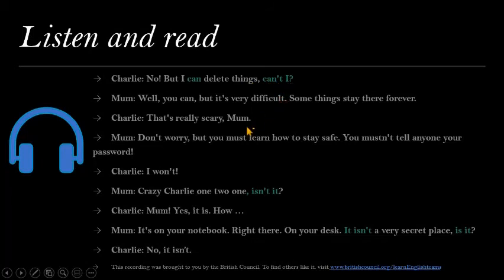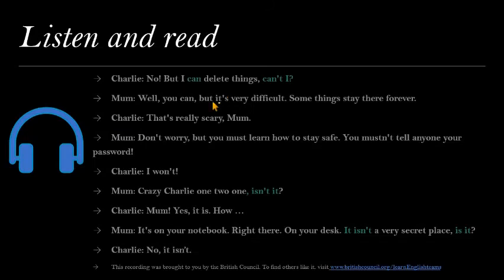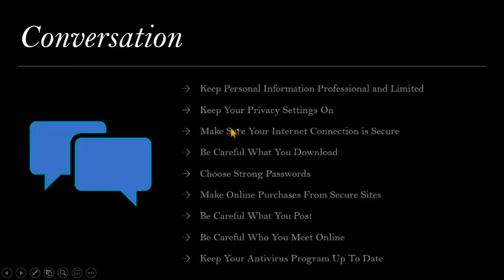That was the lesson prepared for them. And at the end, there should be a conversation, like a role play, where a student plays the role of a mom, as in this example, a mom and a girl, or a mom and a boy, and tries to hold a conversation using tag questions about this information.